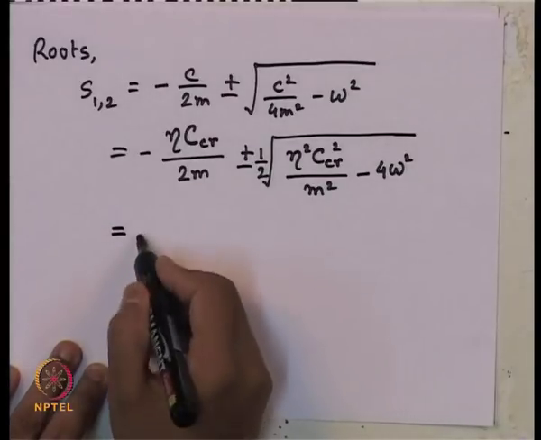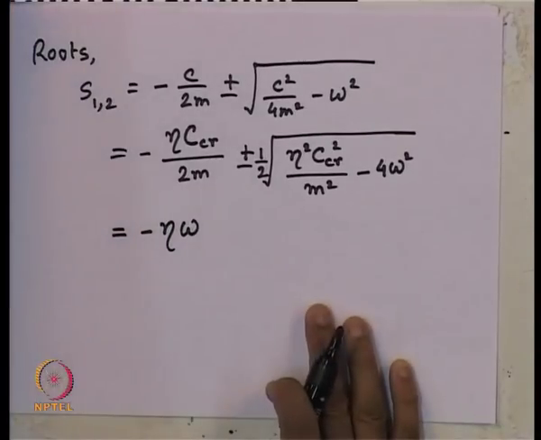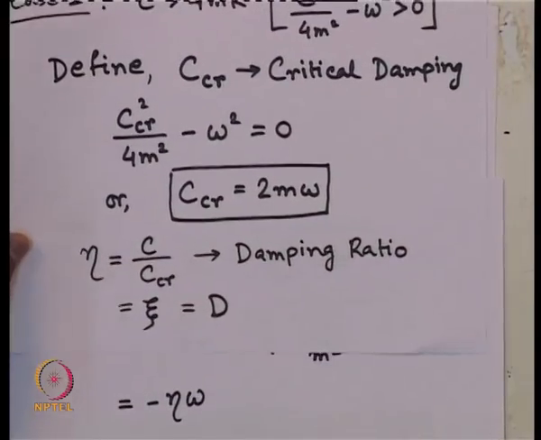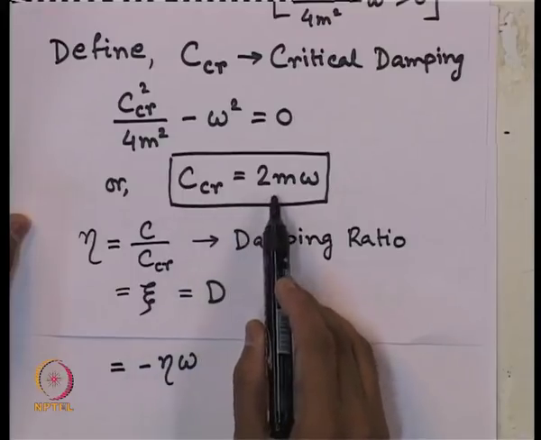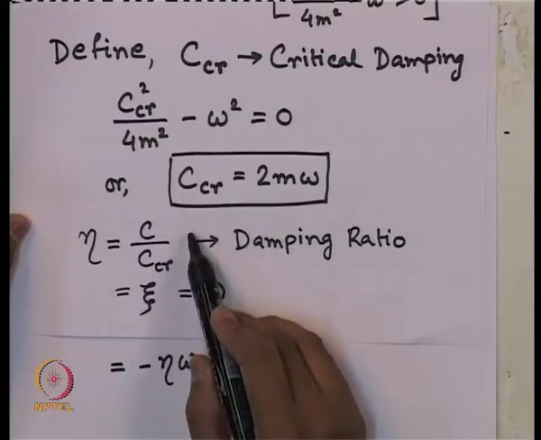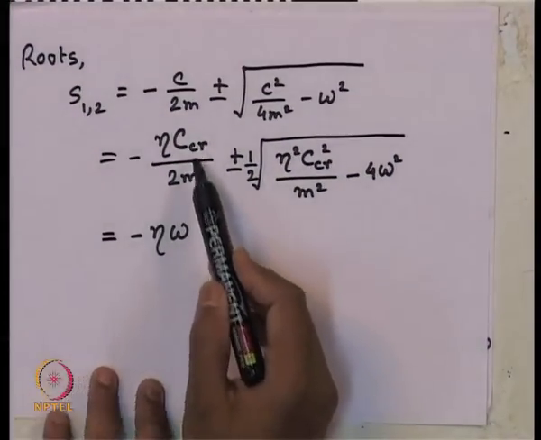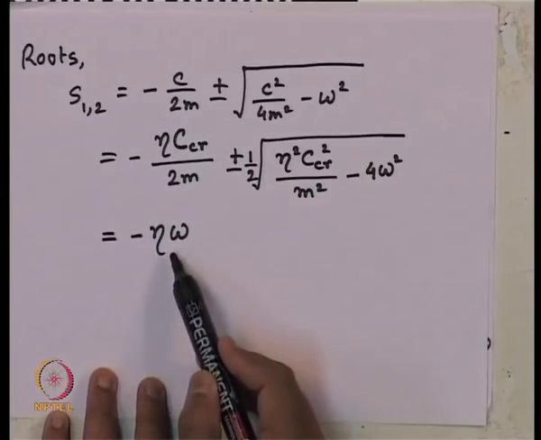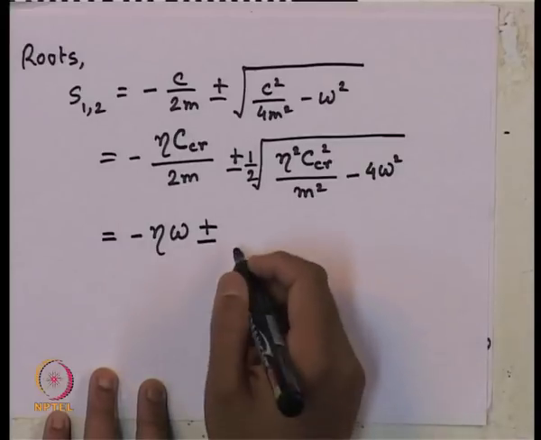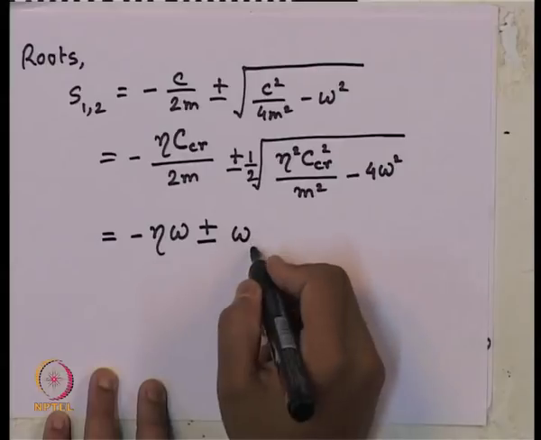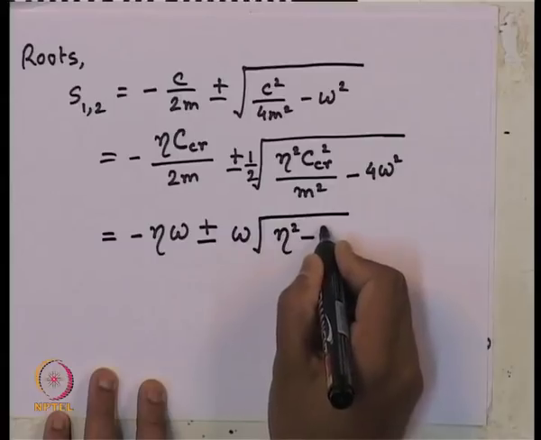Now, this will give us minus eta omega. Why? Let us look at the expression given earlier: CCR is 2 m omega. So, omega is CCR by 2 m. The same relation we have used here, CCR by 2 m is omega. So, minus eta omega plus minus omega root over eta square minus 1.